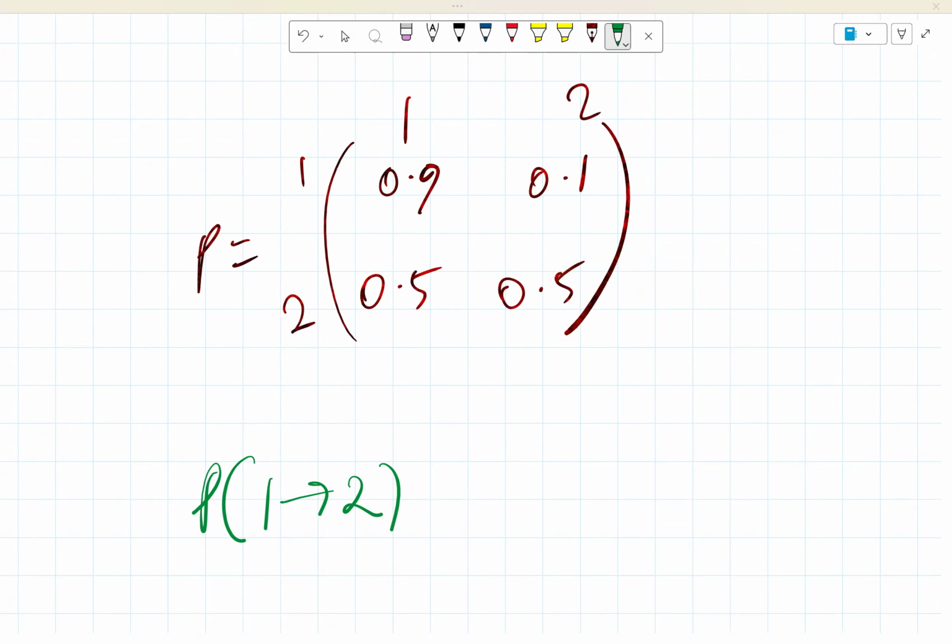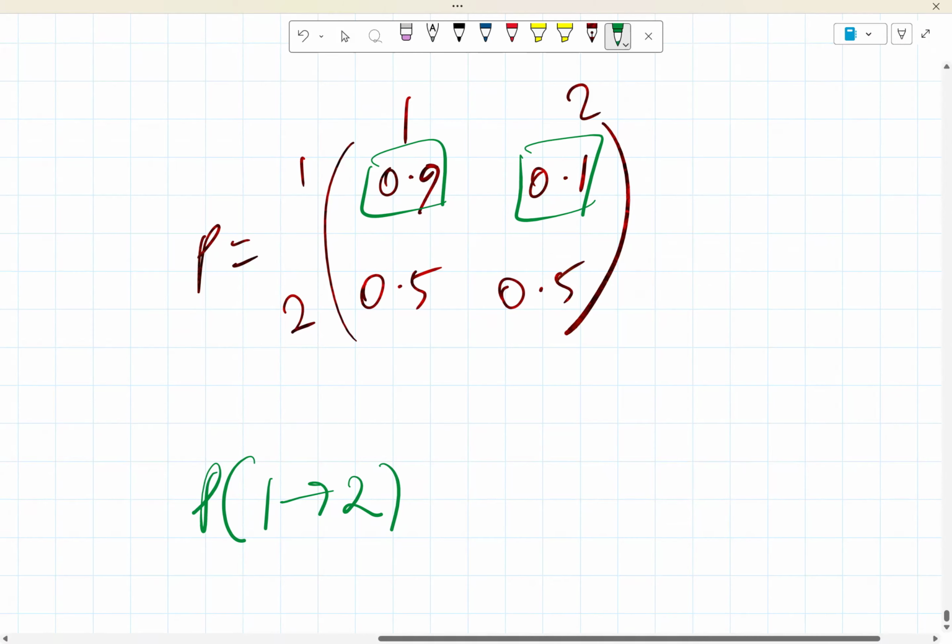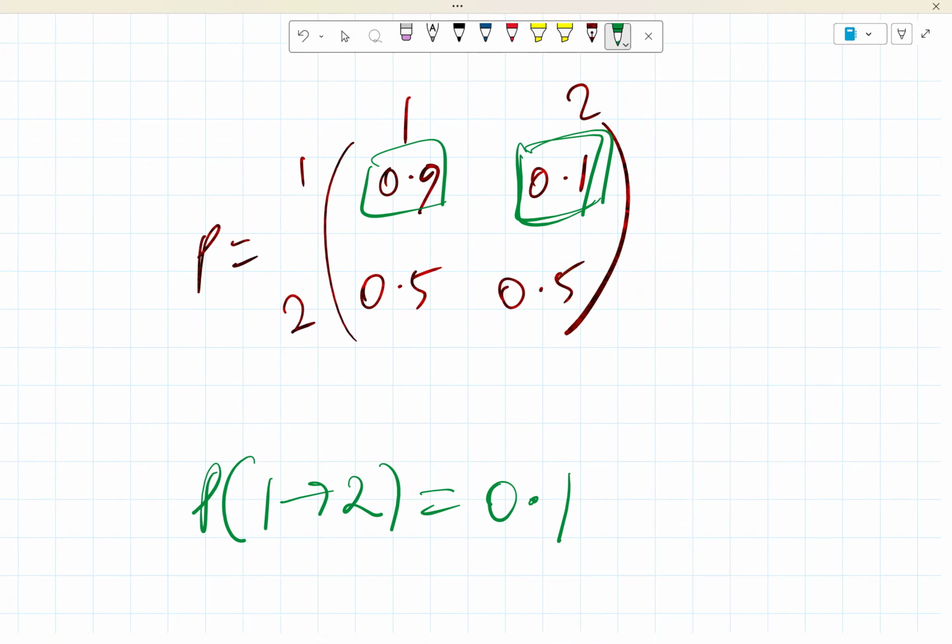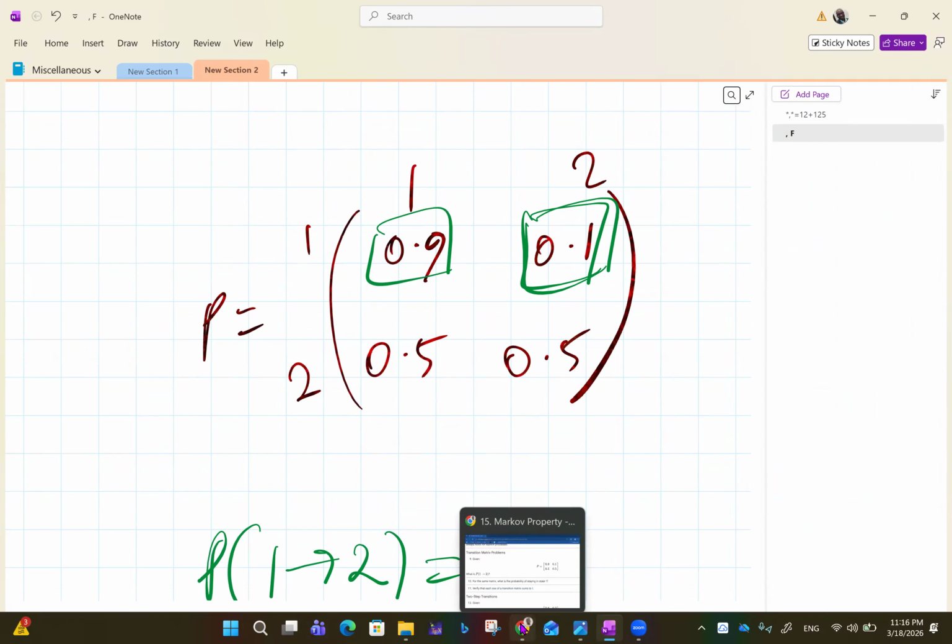So P11, P12 is what we need. P12 is equal to 0.1, P11 is 0.9, P12 is 0.1, P21 is 0.5, and P22 is 0.5 also.